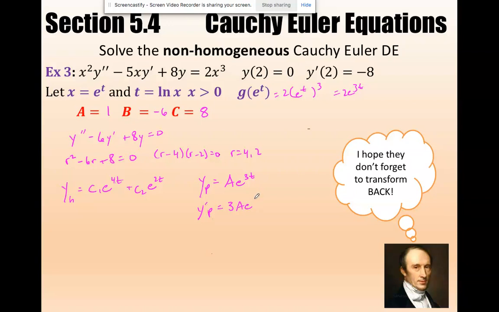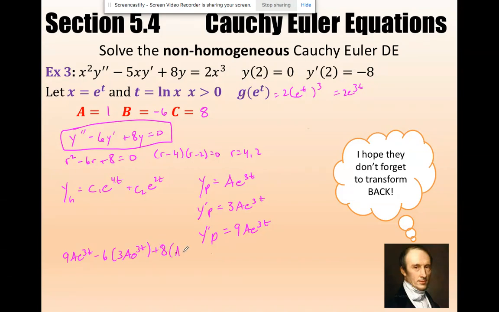Always hated when that happened. Substitute in up here to your purple equation. Nine minus 18 is negative 9. Negative 9 plus 8 is negative. A is going to be equal to 2, so A is equal to negative 2.